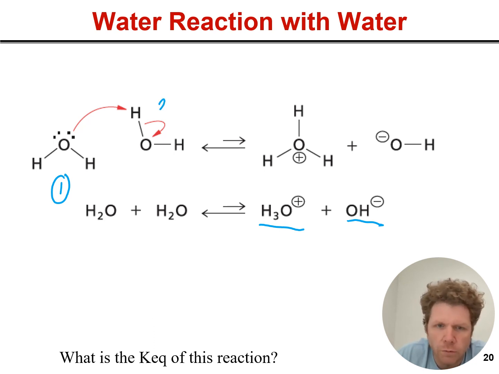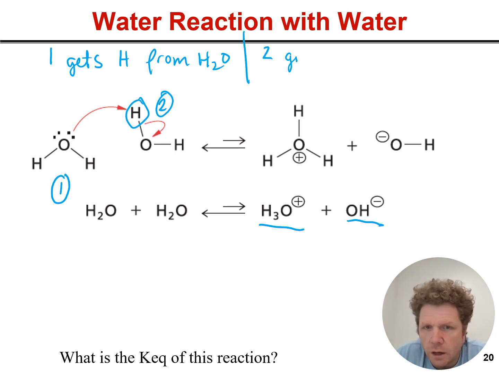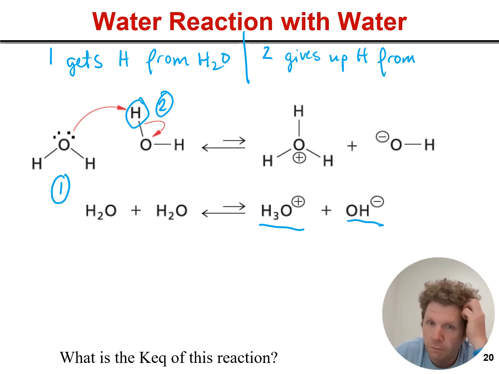This is water molecule 1 versus water molecule 2. Water molecule 1 is picking up a hydrogen ion. So 1 gets H from H2O. That means that water molecule 2 gives up H from itself.